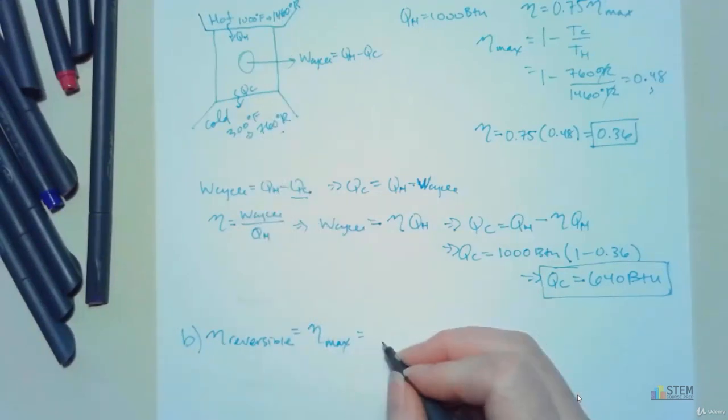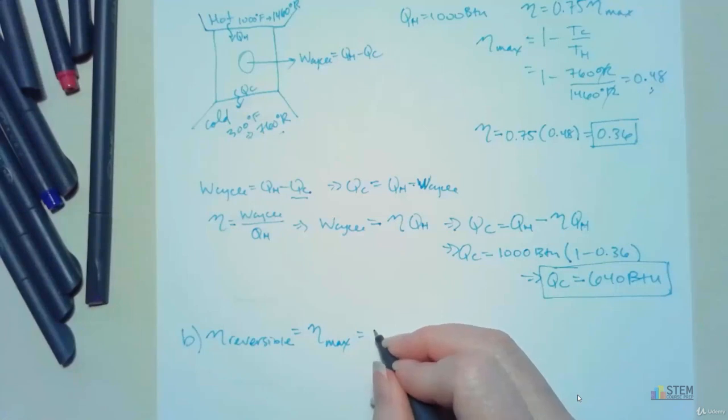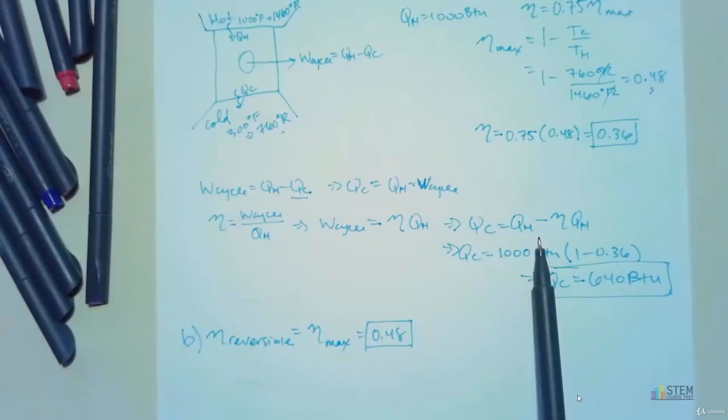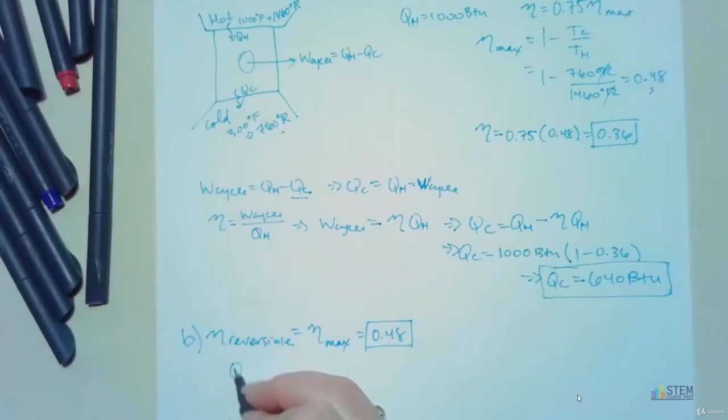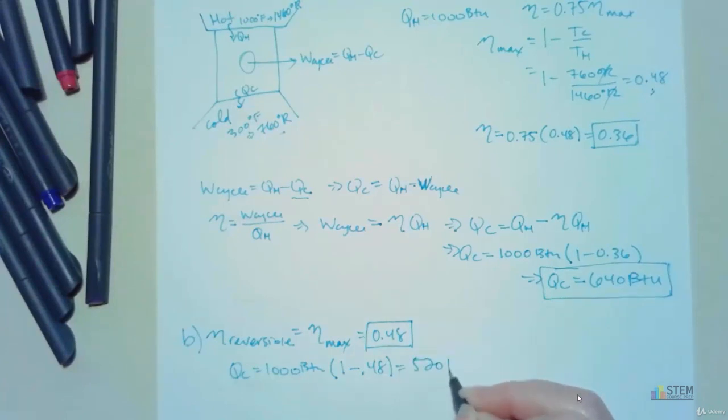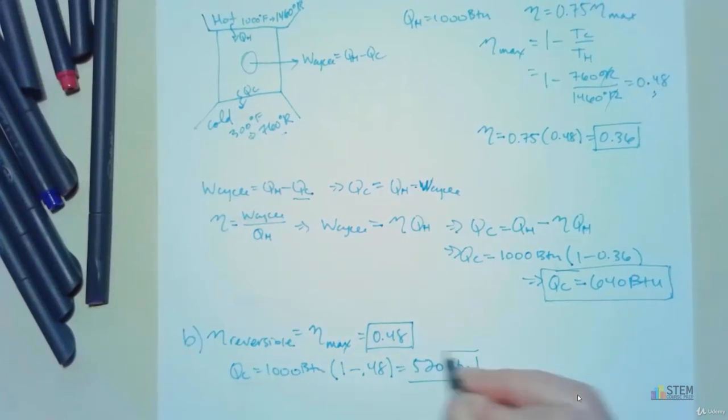We're just assuming a reversible cycle. So the max here would be 0.48. That would be what you'd get if you had a reversible cycle. And then QC, you're just going to use the same equation here. QH isn't going to change, so you're still going to have the 1,000 BTU times 1 minus 0.48, which gives you 520 BTU. That's your QC.